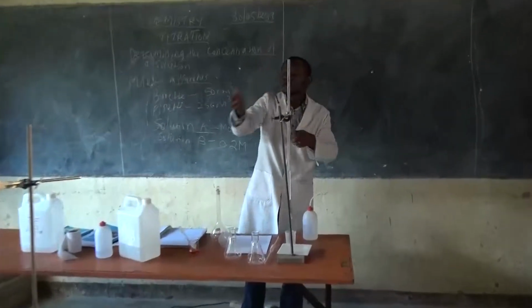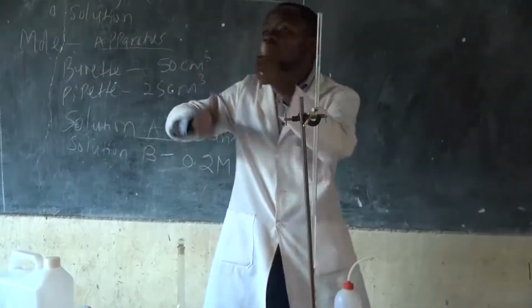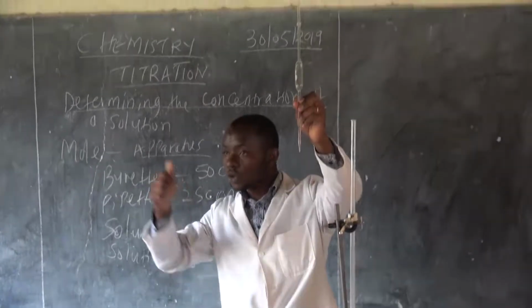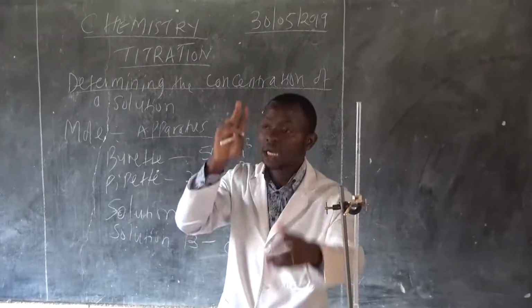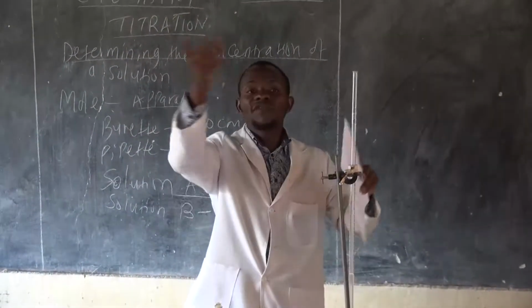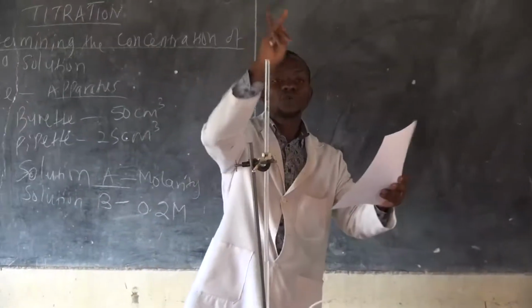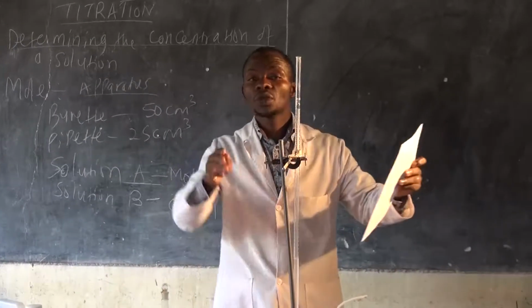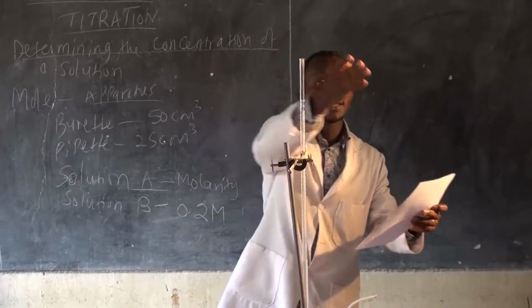Which solution are you putting in the burette and which one are we putting in the pipette? Okay? So, can we read there? You are given what? One person to read there.